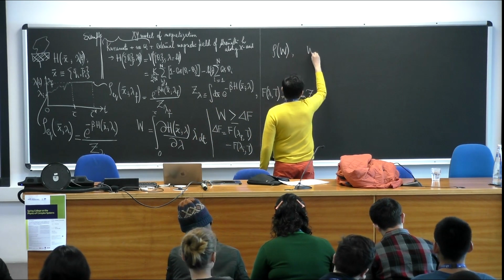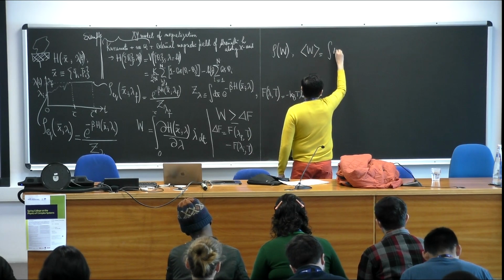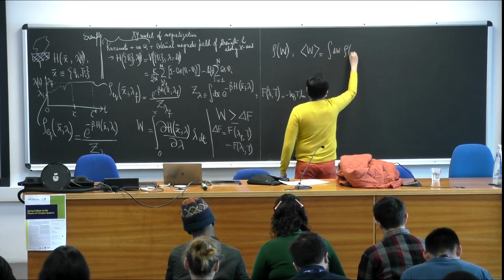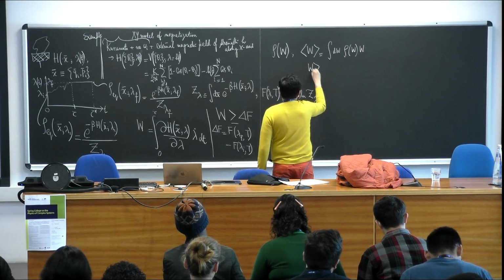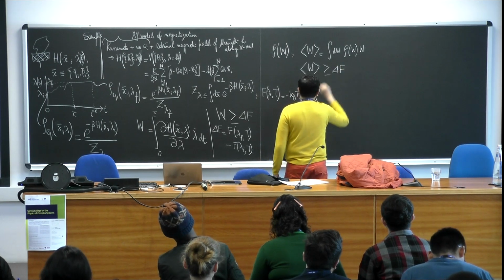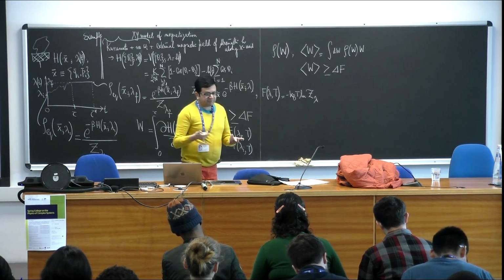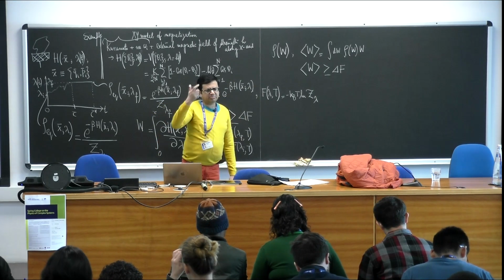Okay? And then you would think that a more precise formulation of this equation would be to say that first I compute the average W, which is nothing but the integral dW rho(W) W, and then the average of W is greater than or equal to delta F. If you are dealing with a thermodynamic system, then this probability distribution will be sharply peaked.